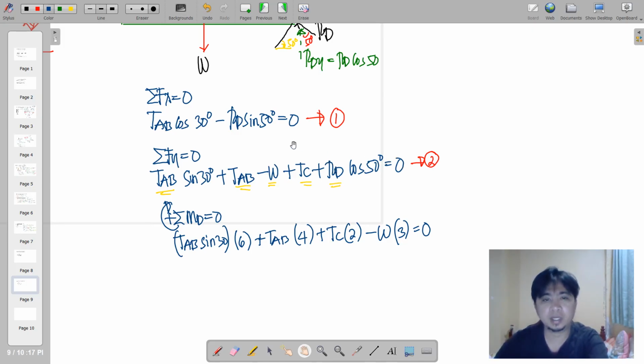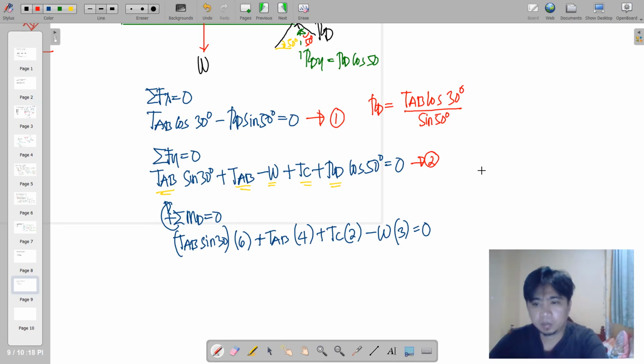And we can do that because RD here could be expressed in terms of TAB here. Say from this equation, we can have RD is equal to TAB cosine 30 all over sine of 50 degrees. Then we can utilize this equation by substituting this RD on equation 2.